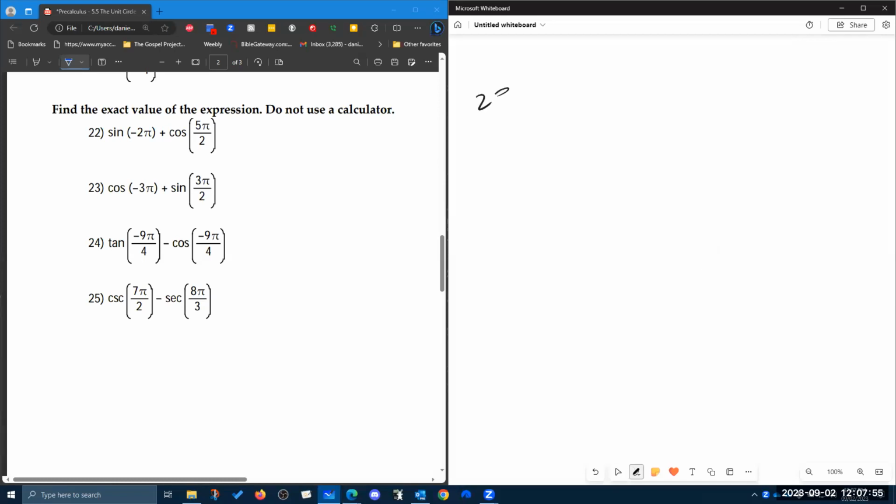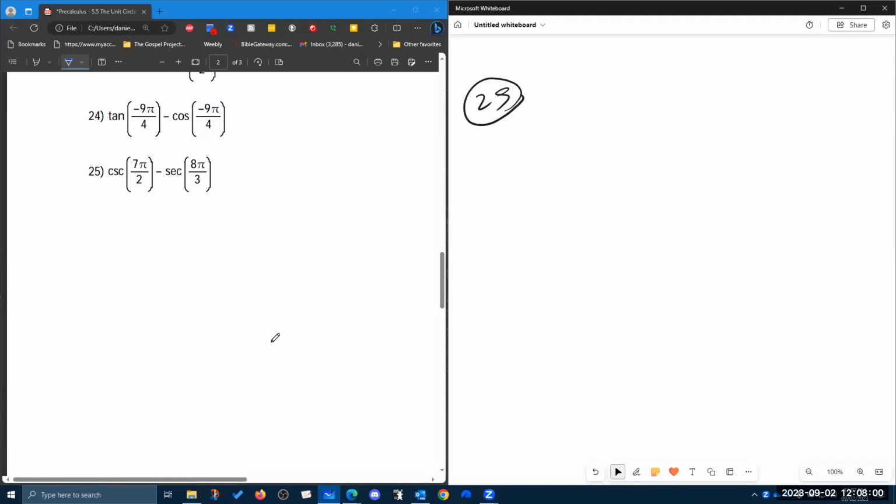For number 25, which is our last problem in this set, we have cosecant of 7 pi over 2 minus secant of 8 pi over 3.